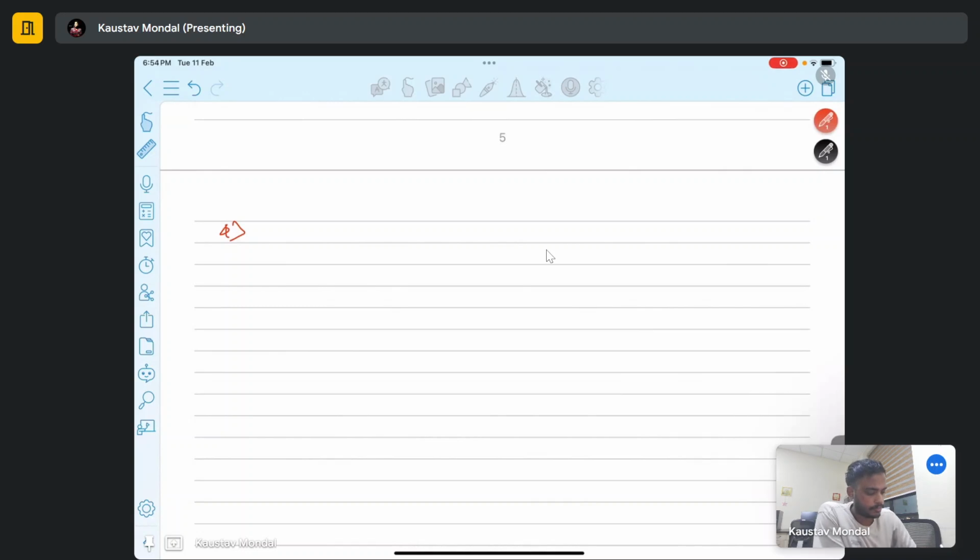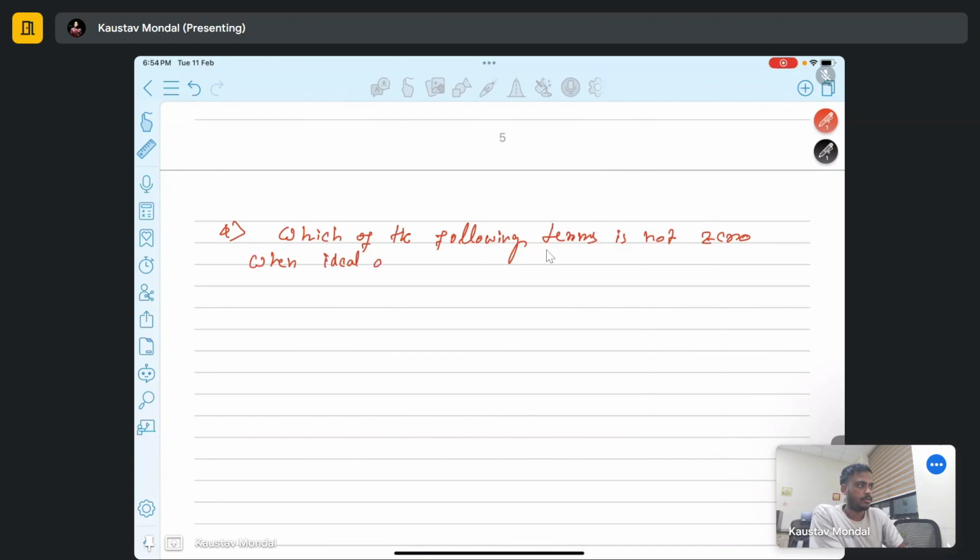Problem number 4 is: which of the following terms is not 0 when two ideal gases are mixed together?